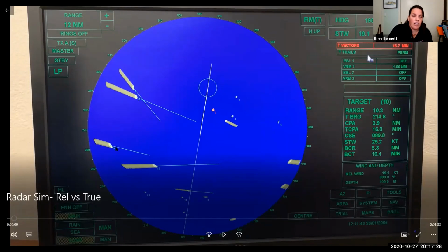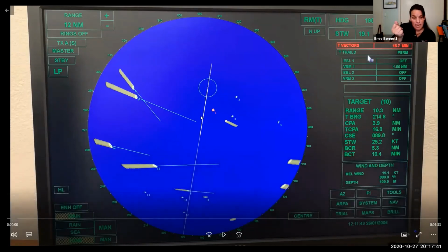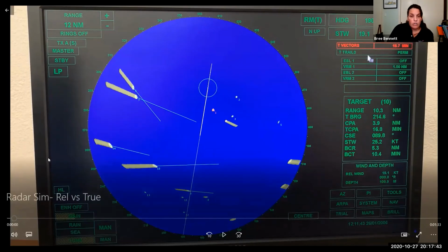So as you can see here, these are our lines. These are our vectors. These are plotted with ARPA. ARPA is the way that does automatically what we are going to learn to do by paper. So this is just visualizing what we're actually looking at.